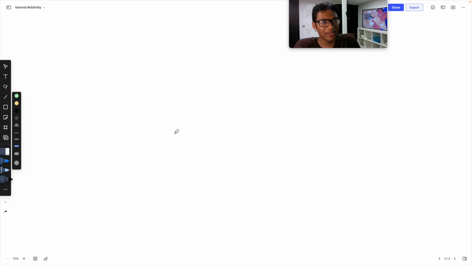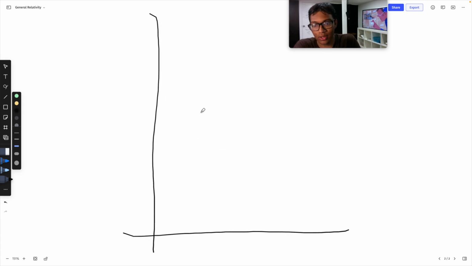Basis vectors are just the building blocks of ordinary vectors. So let's draw an example here. Let me zoom in to my mini coordinate plane. Let's say I have some vector. This yellow vector v can be decomposed into its x and y components. There's an x basis vector here, let me call it x hat, and there's a y basis vector here, let's call it y hat.